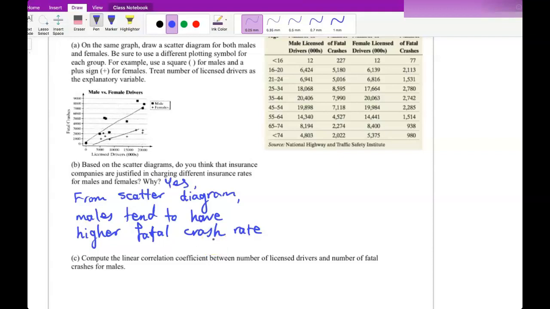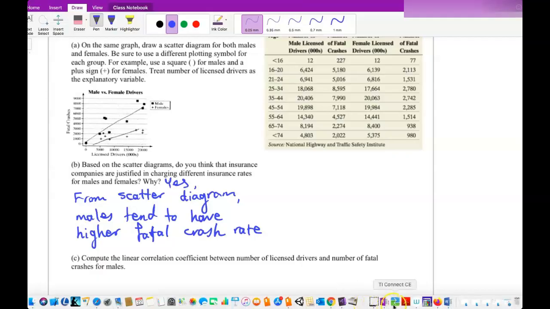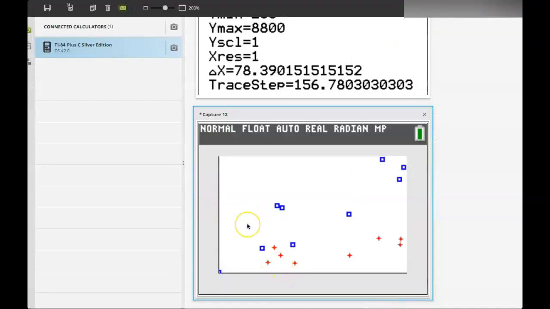Part C, compute the linear correlation coefficient between number of licensed drivers and number of fatal crashes for males. Okay, now we should calculate R. So press that, edit.